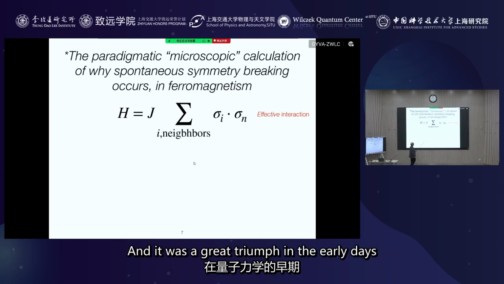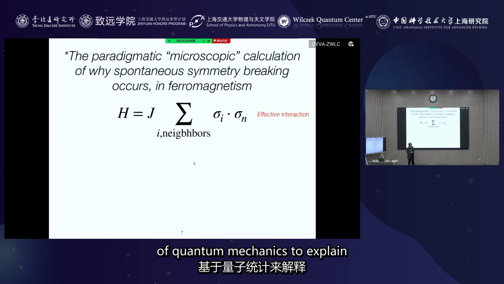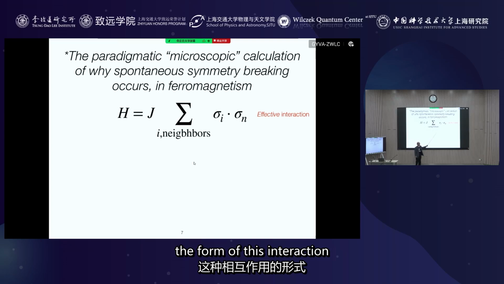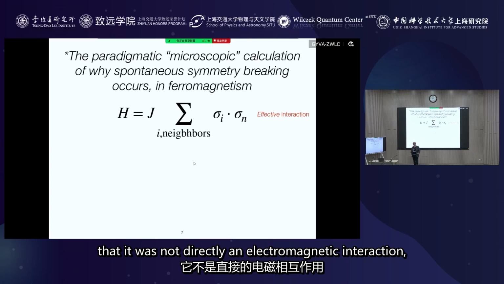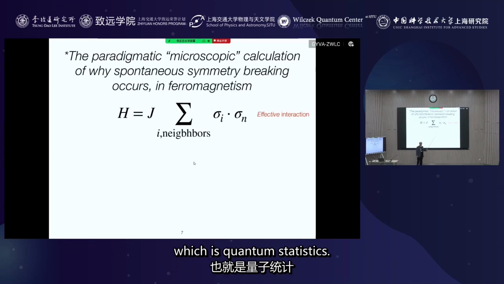And it was a great triumph in the early days of quantum mechanics to explain the form of this interaction based on quantum statistics. That it was not directly an electromagnetic interaction, but a manifestation of the unofficial fifth force of physics, which is quantum statistics.